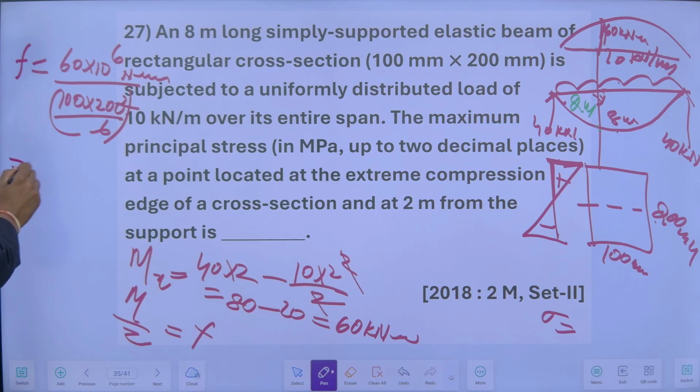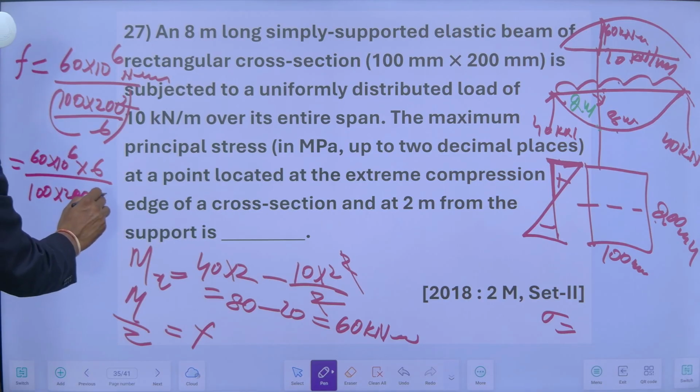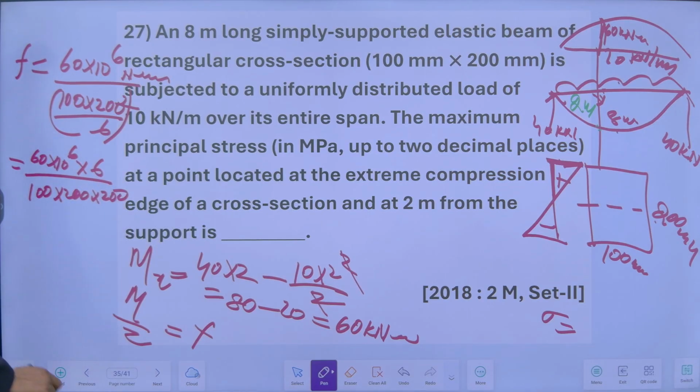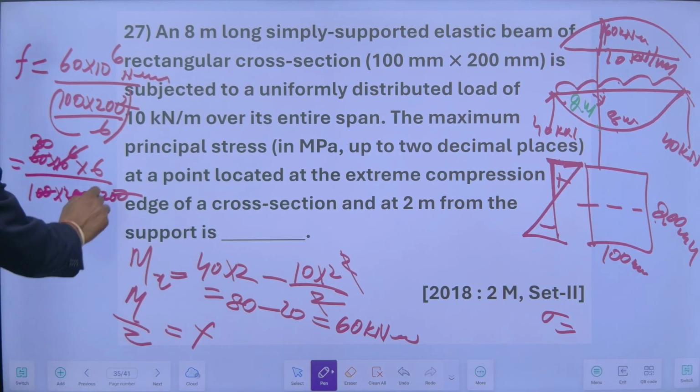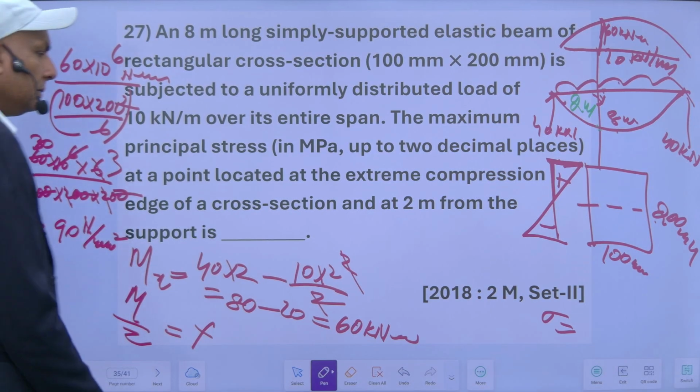So it will be 60 into 10 to the power 6 into 6 upon 100, and it will be 90 Newton per mm square.